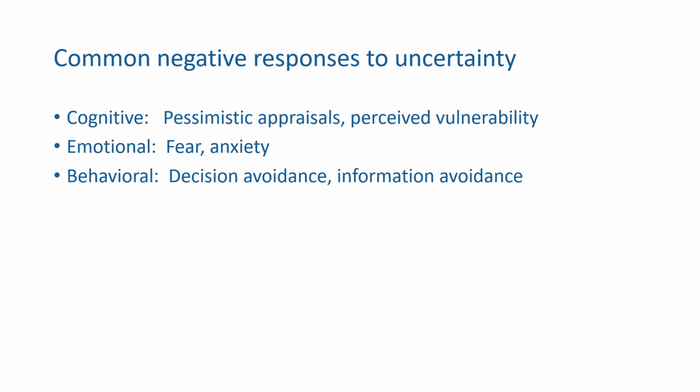These three syndromes have been well documented by a large body of research, and each consists of a common set of negative psychological responses. Cognitively, these responses include pessimistic appraisals, perceptions of vulnerability. Emotionally, they consist of fear and feelings of anxiety. Behaviorally, they consist of decision avoidance or deferral, or avoidance of information.